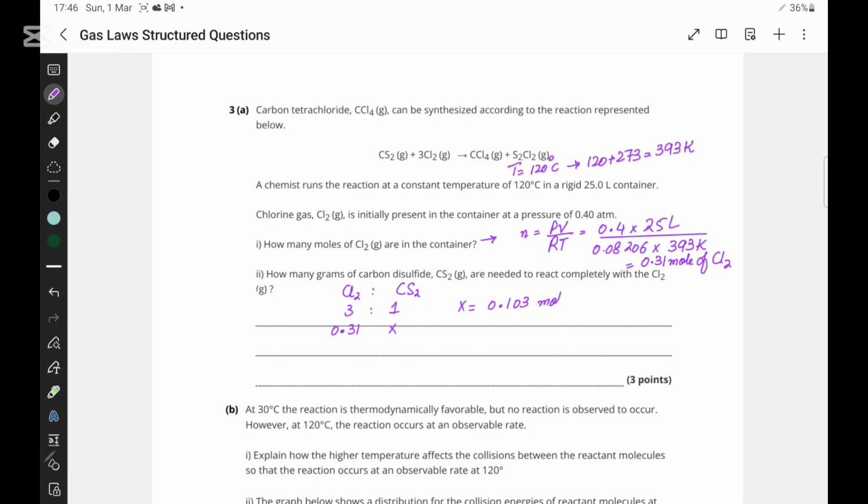That is the mole of CS2. And for mass, what we need to do is mole times molar mass, 0.103 times the molar mass. Here it is going to be 76.13 gram, and the answer comes out to be 7.9 gram of CS2.